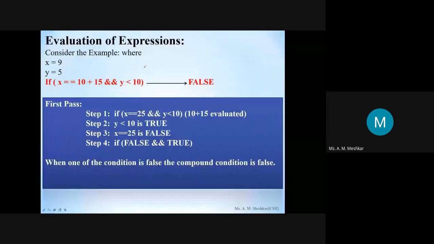Similarly, we can check one more example where logical expressions are used, to see whether the value of this expression is true or false. As you can see here, two expressions are given: x equals to 10 plus 15, logical and operator, y is less than 10.